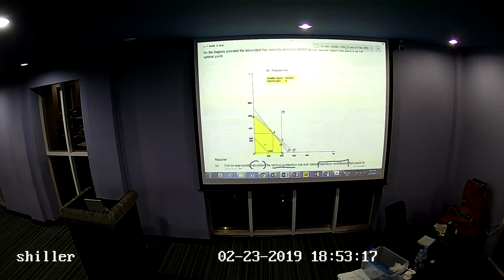The T and the F. Do you know which ones they are? Is it the T and the F? So, where will you find the T and the F? It's up on top, correct? Tell me, can you calculate? How many W and how many L will I make? Using simultaneous equation on point B.